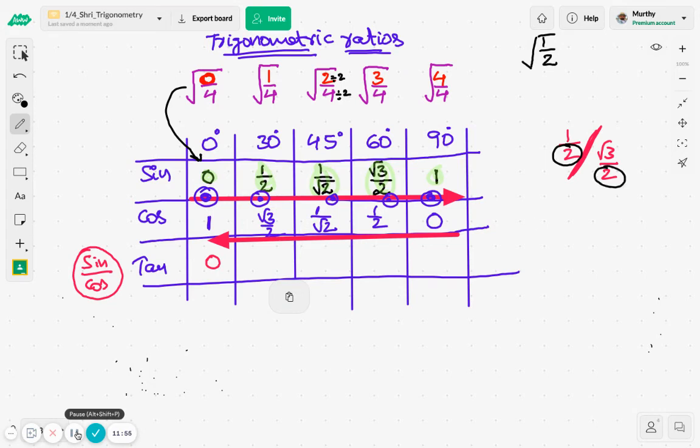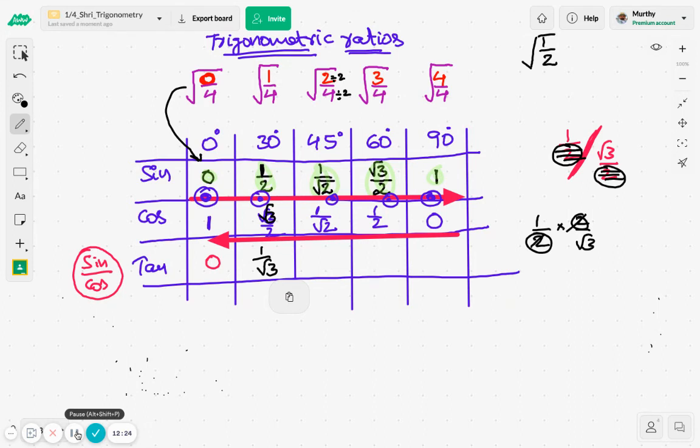If you want, you can do simple mathematics: 1 over 2, and division means reciprocal, so 2 over root 3, then 2 and 2 get cancelled and you are left with 1 over root 3. So instead of doing all this jugglery, just straight away drop the denominators, and you can take 1 over root 3.